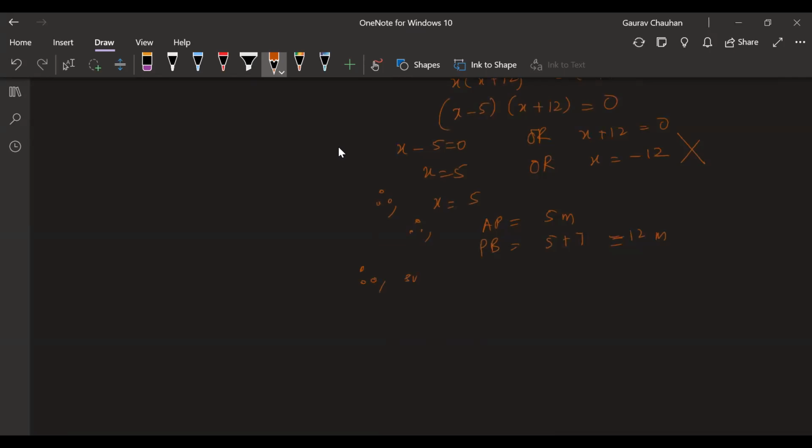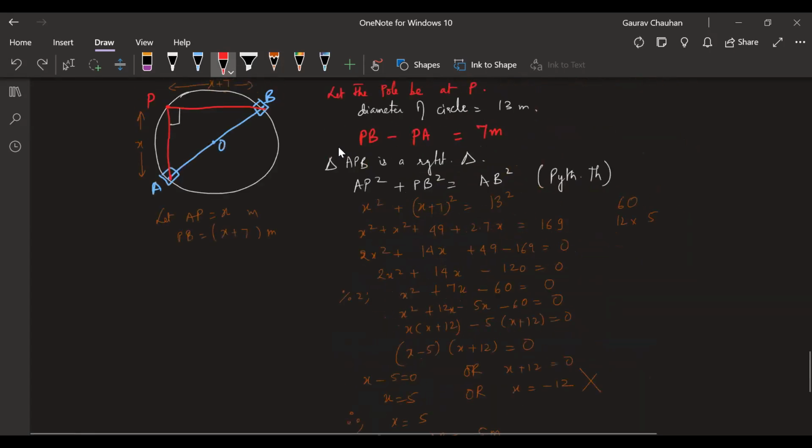Therefore, such a situation is possible, because one of these roots is positive. If both roots were negative, like minus 5 and minus 12, then the situation would not be possible, because length cannot be negative.